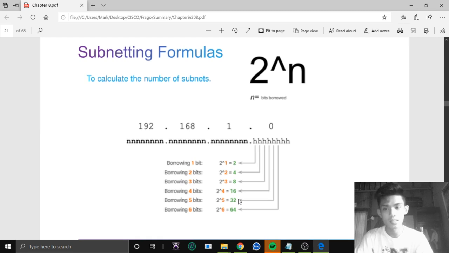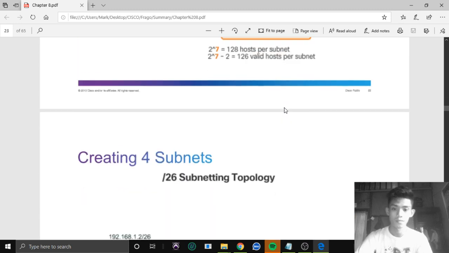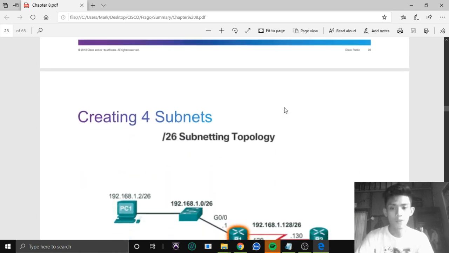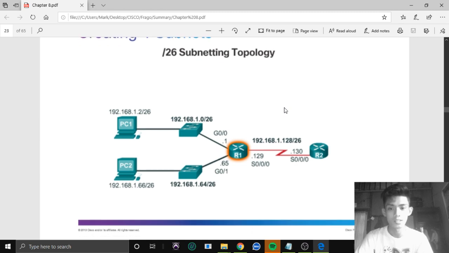Subnetting formulas. To calculate the number of subnets for 192.168.1.0, 2 raised to n, where n is the bits borrowed. Creating 4 subnets over 26, subnet topology.